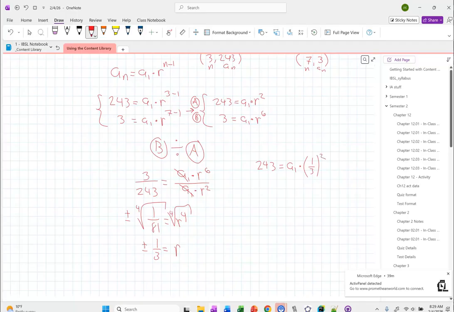Now I want to point out to you that because both of these exponents are even, is it going to matter when I plug in negative 1/3 and positive 1/3? What's going to happen? I get positive 1/9 in both situations, so I'm okay. I don't have to really plug this in two separate times.